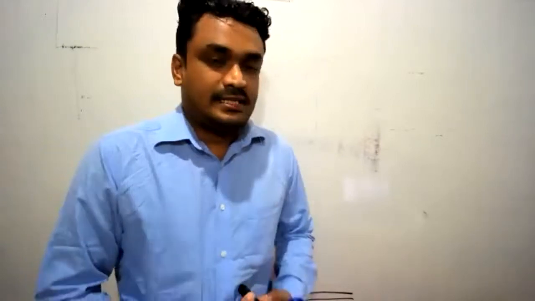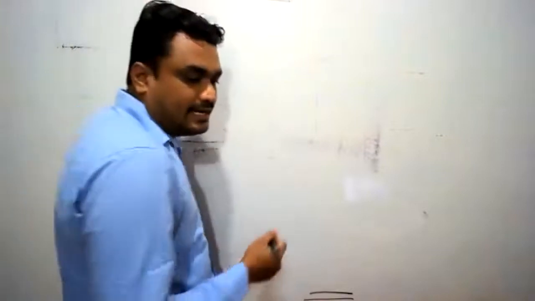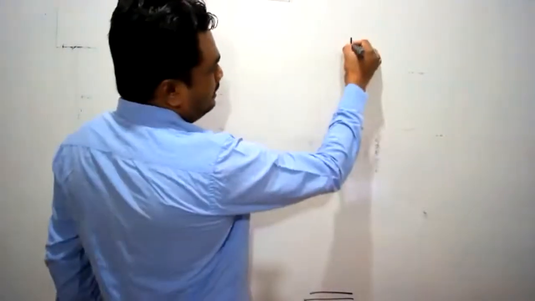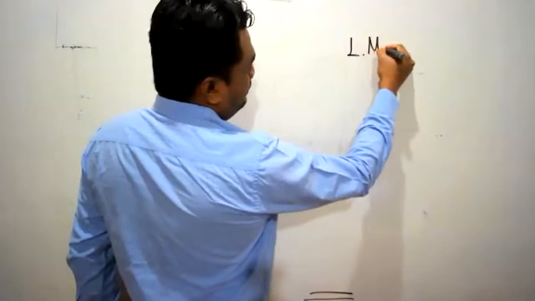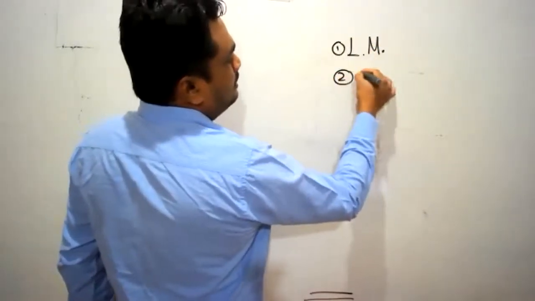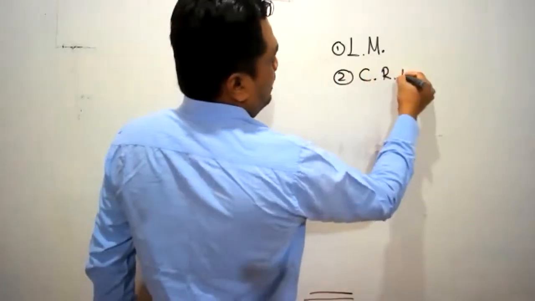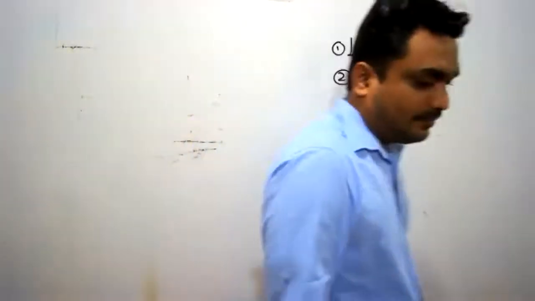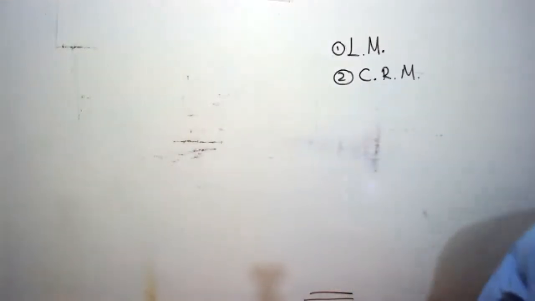Last week, we started mechanics. There are three major sections in the mechanics lesson. I have indicated them: linear motion, circular and vertical motion, and fluid.